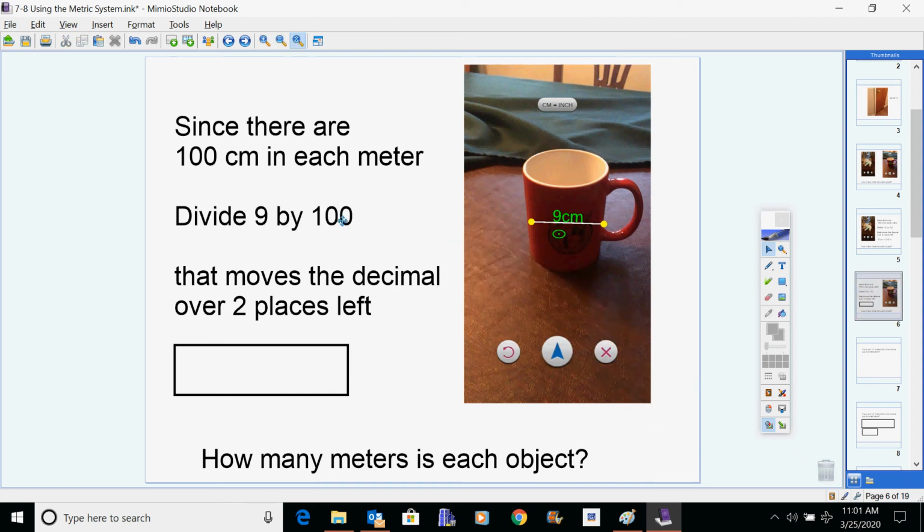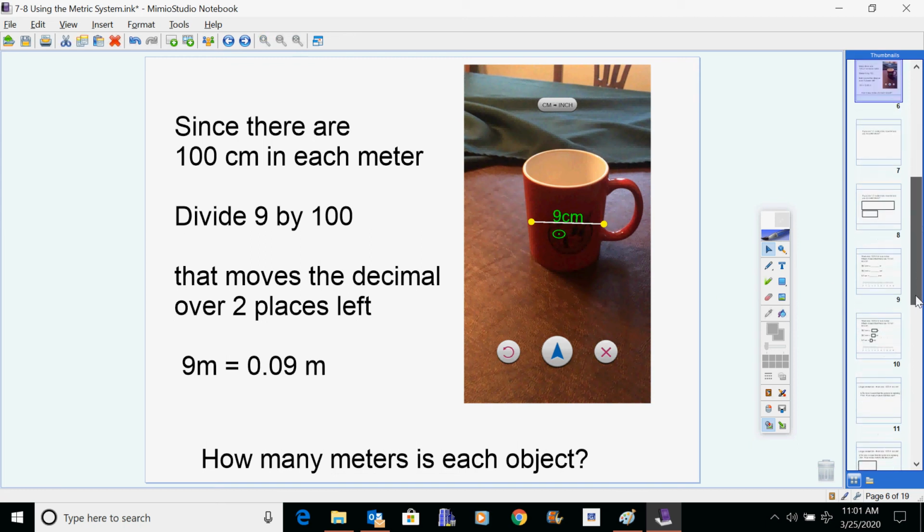And when you divide, it moves the decimal over 2 places. Here's our hiding decimal, and it goes 2, so you end up with a 0 to fill in. So 0.09 meters.